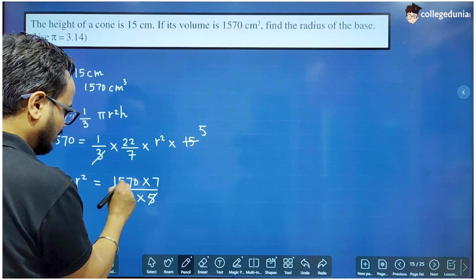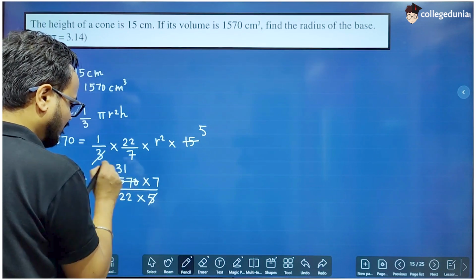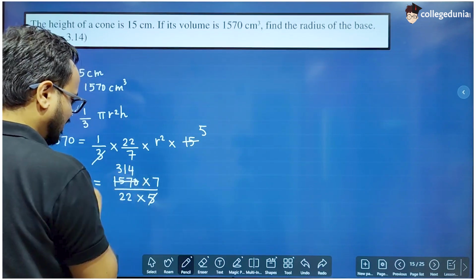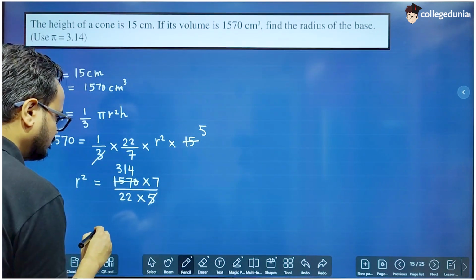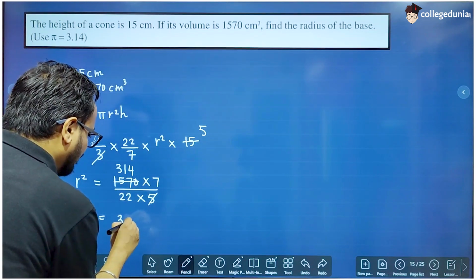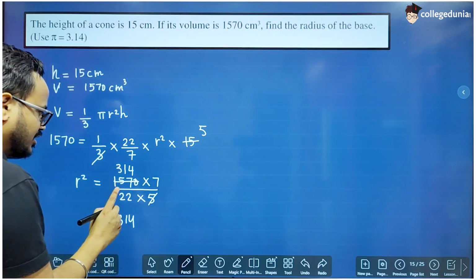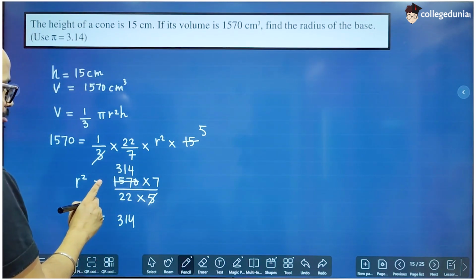Now let's cancel this by 5 first. So 5 into 3 is 15. 5 into 1 is 5. Okay, 314. Now let's see this. This is 314, right?